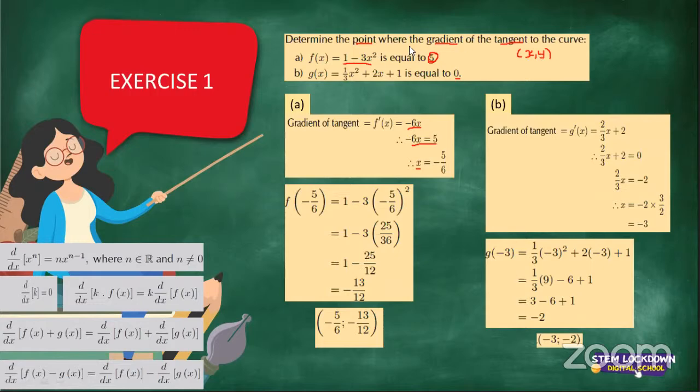And then you were given the value of the gradient at the point. So that value of the gradient, you could equate it by finding the derivative, which also helps you to find the gradient, and then solve for x to get the x value at that specific point and the y value at that specific point where your tangent is passing.